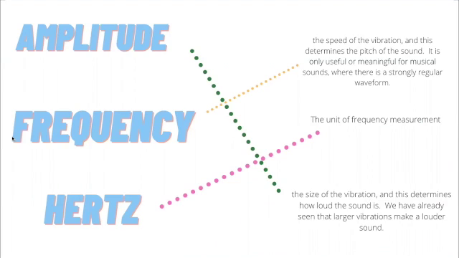We also have the definition of the word frequency, which when we follow our little yellow line, says the speed of the vibration, and this determines the pitch of the sound. It is only useful or meaningful for musical sounds where there is a strongly regular waveform. And finally, we see the word hertz, and when we follow our pink line, we go all the way up to the unit of frequency measure.